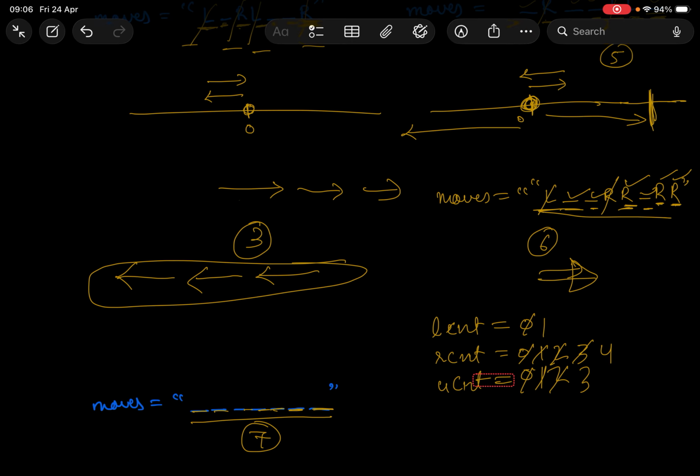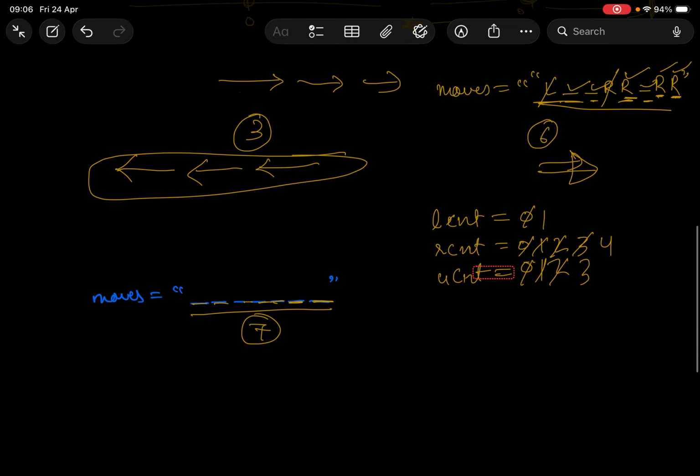Now, as I was saying, this left and right will cancel each other. But since there is only one left, only one right will get cancelled. The remaining will still be there, right? So what we can do is take the absolute difference between them: the absolute of L count minus R count.